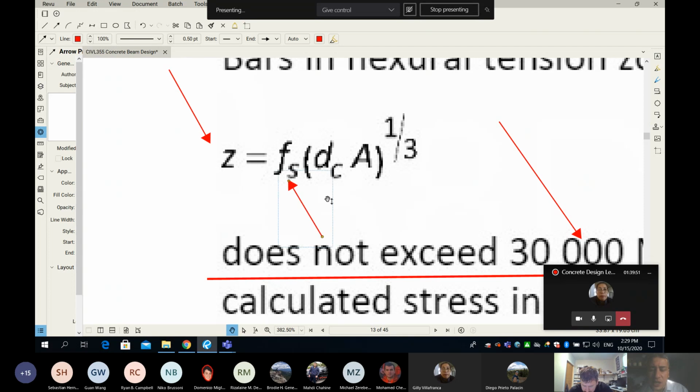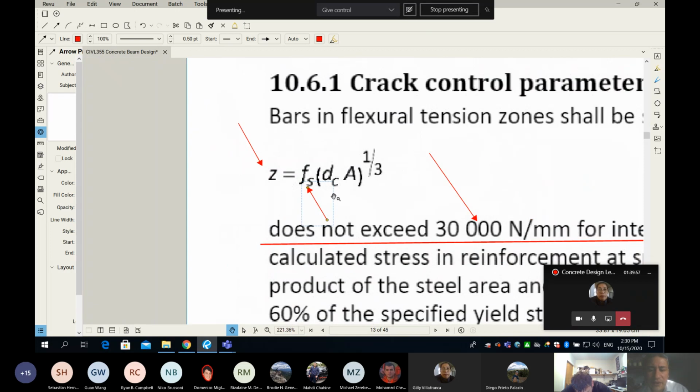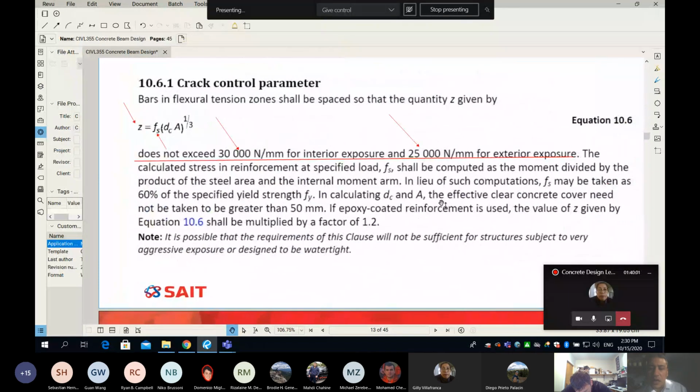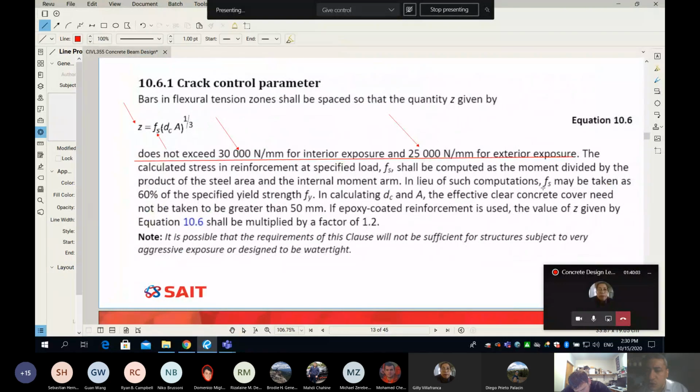The Fs is the stress in your rebar, and the code says here, I'm going to mark it for you, Fs may be taken as 60% of F yield.